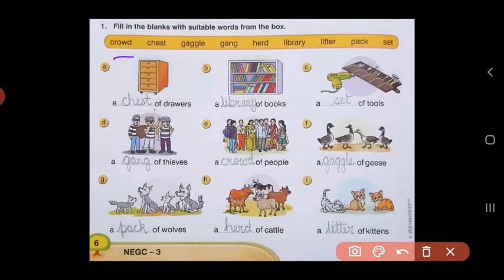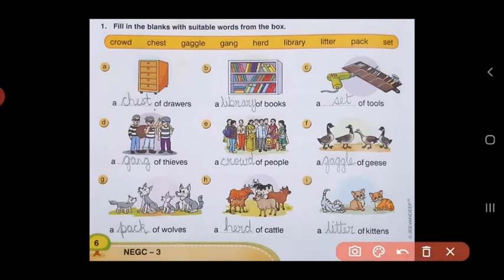Crowd, chest, gaggle, gang, herd, library, litter, pack and set. These are all collective nouns. Now you have to decide, looking at the picture and reading the words, where they can be used.